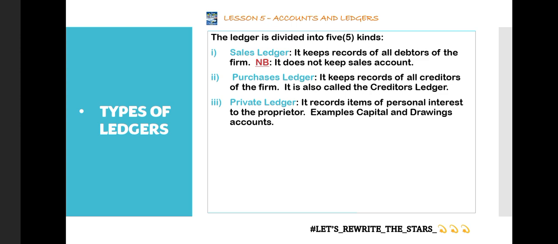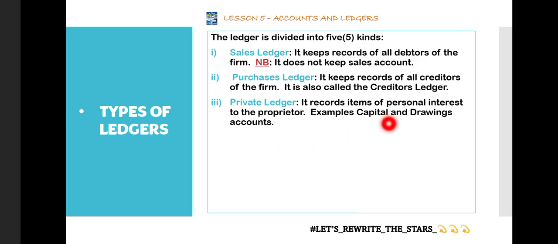Whether the owner is a male or a female, we make their accounts separate from the business. So we create a private ledger for the owner, and it records transactions only relating to the owner.